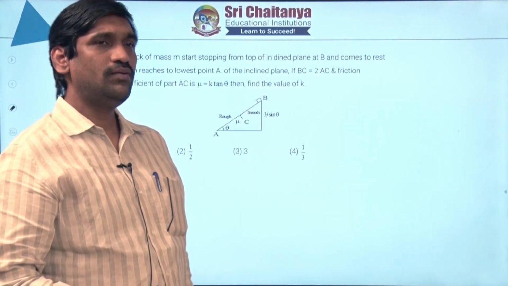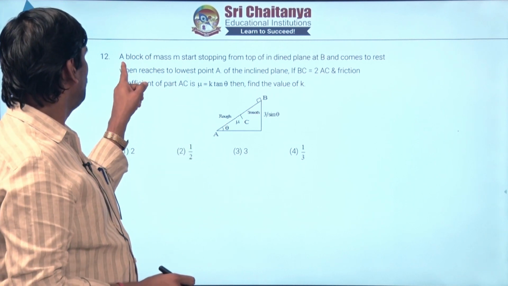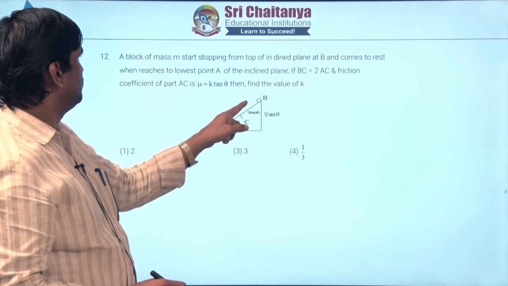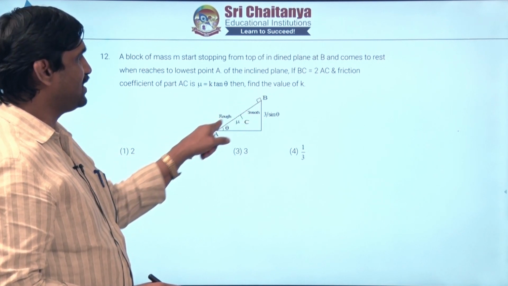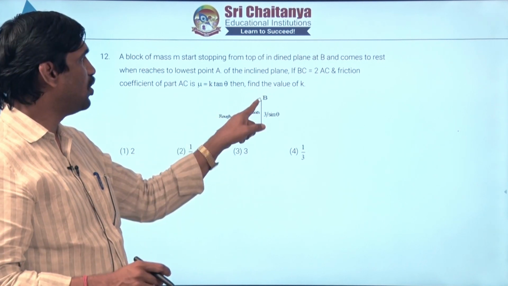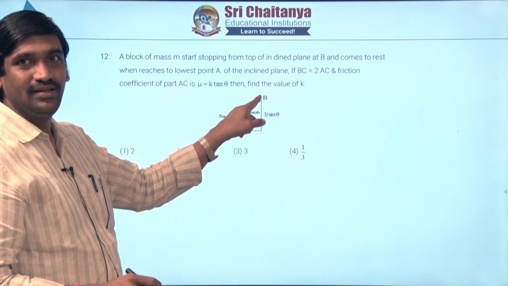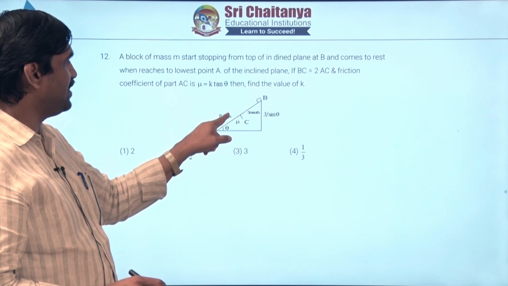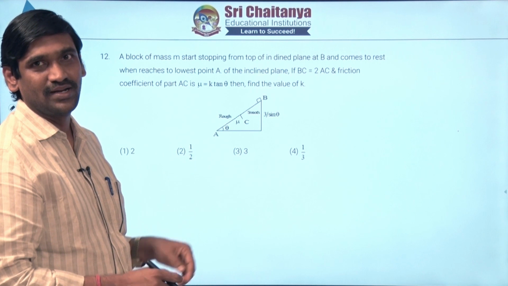Now, I am going to start the 12th question, where a block of mass m starts and stops along the inclined surface. That means the block is starting at B and by sliding finally coming to rest at A. That is because of this rough part.